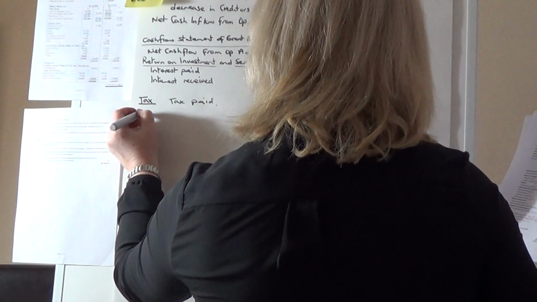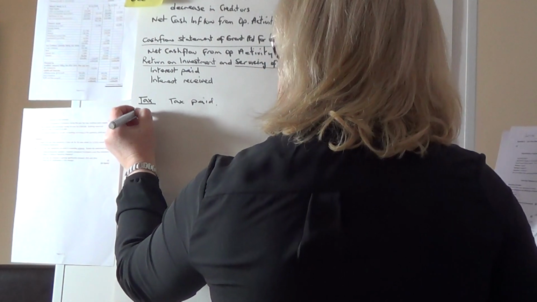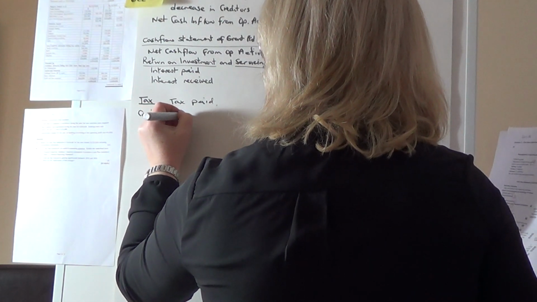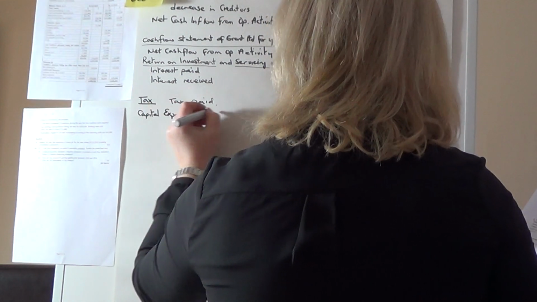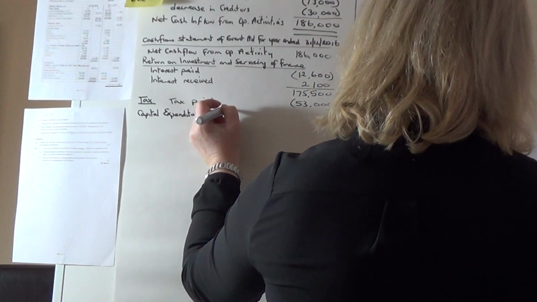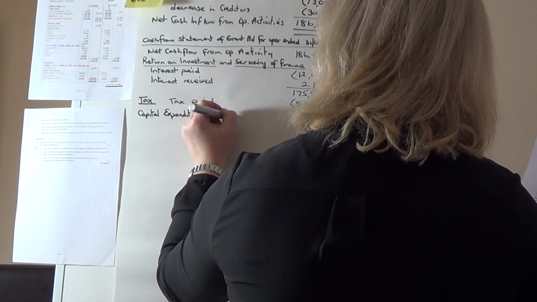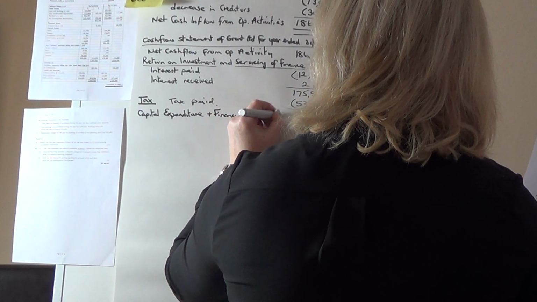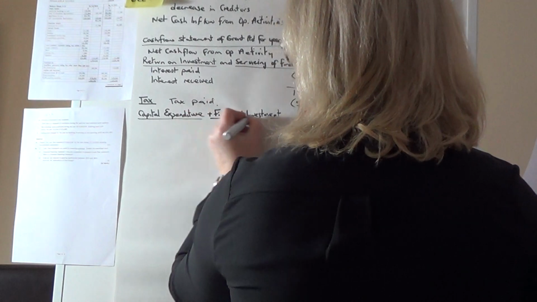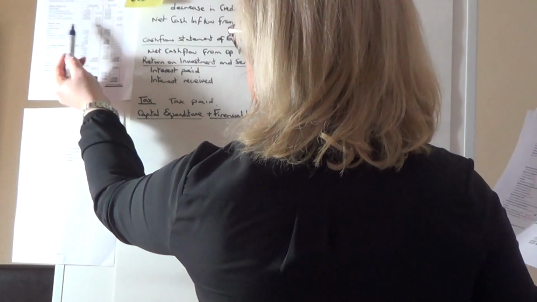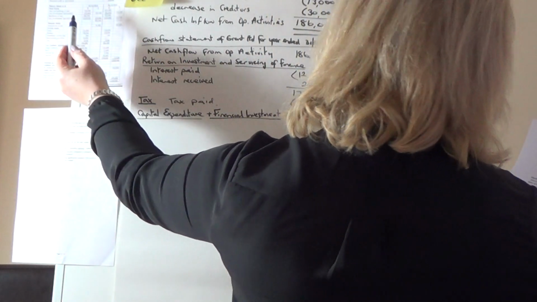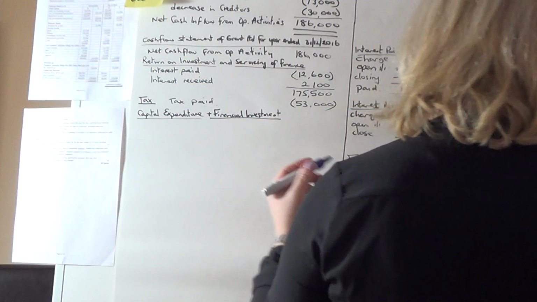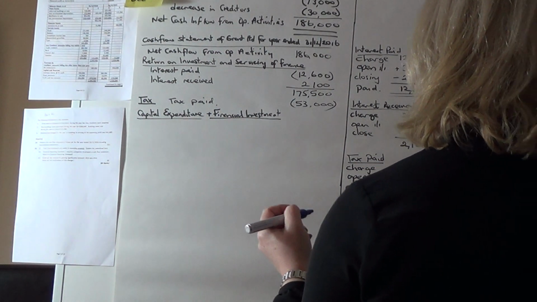So the next heading then is capital expenditure and financial investment. So you're looking here at changes basically in the fixed assets and the financial assets of the organisation.